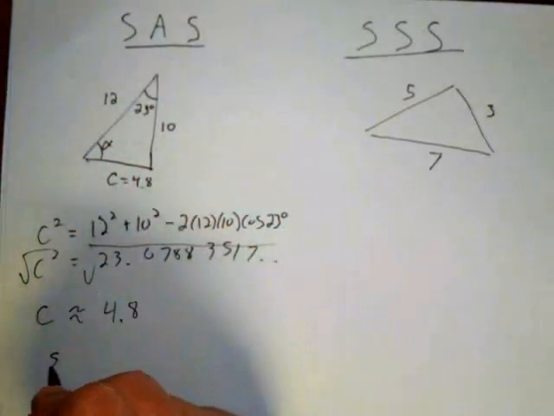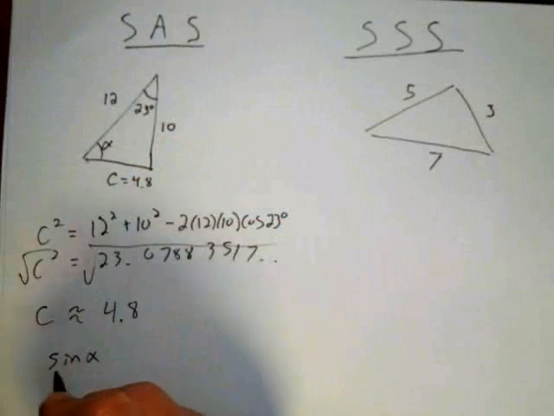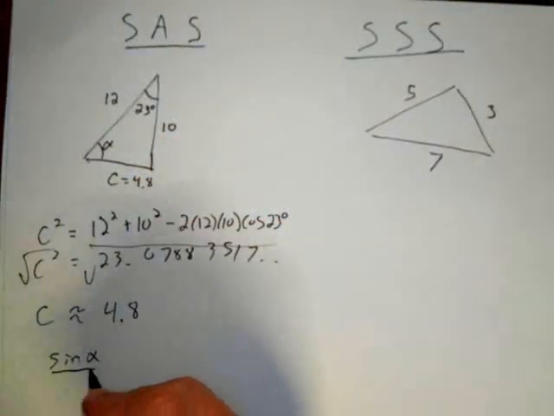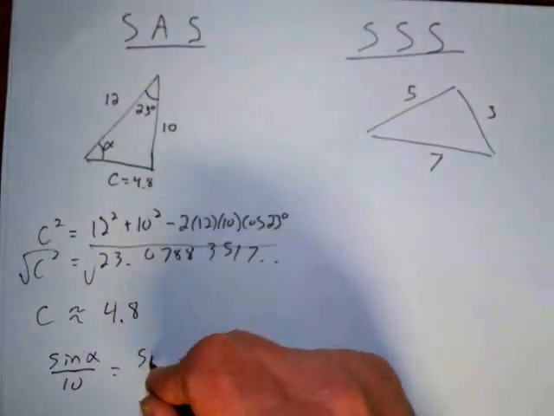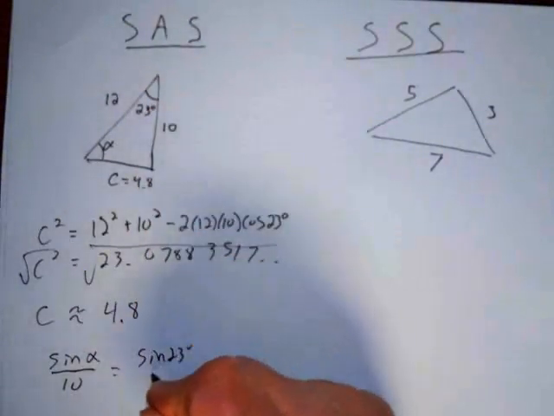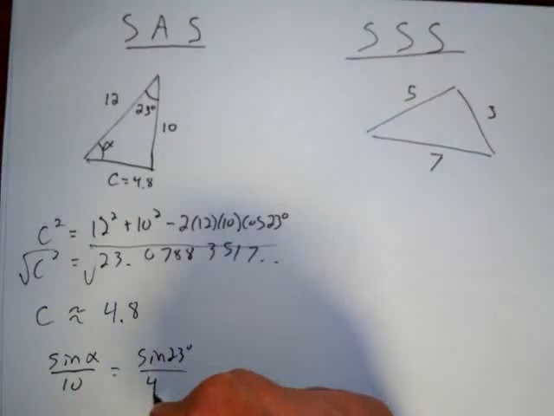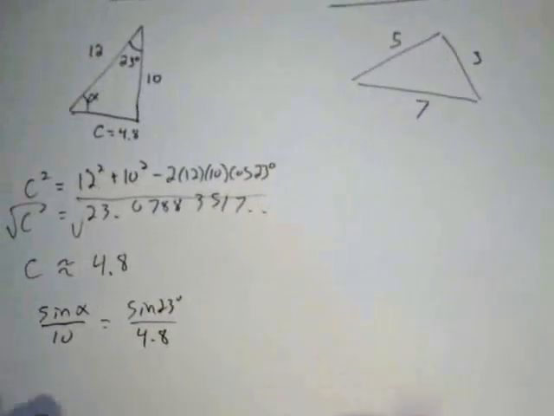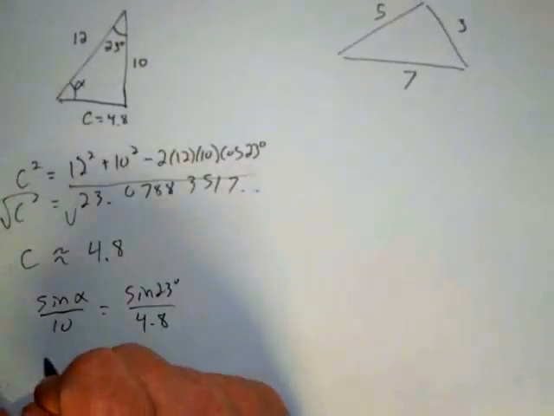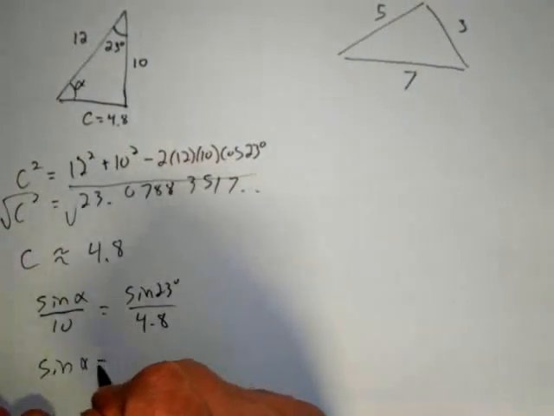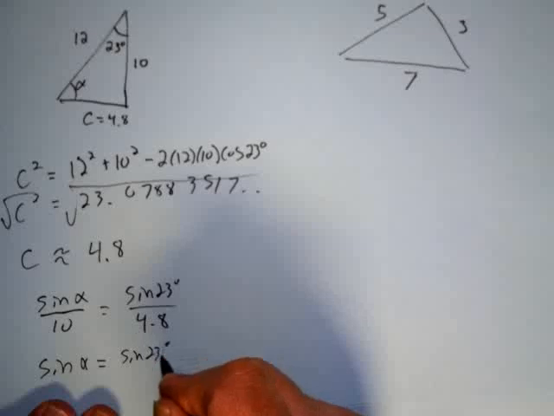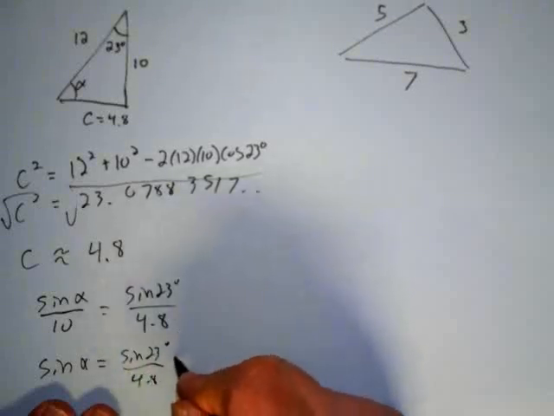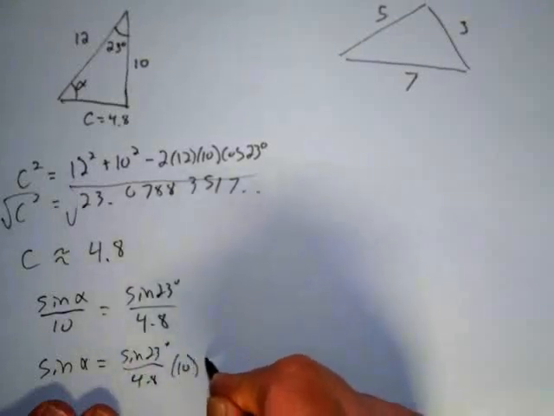Then I would have the sine of alpha over its side, 10, is equal to the sine of 23 degrees over 4.8.